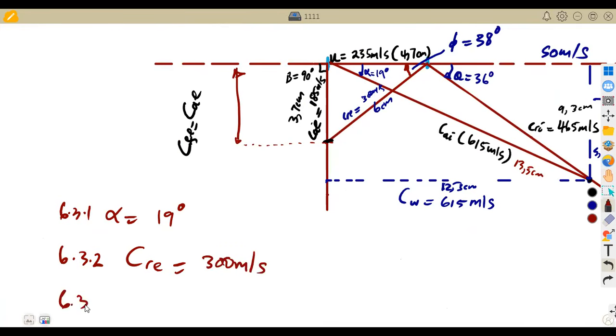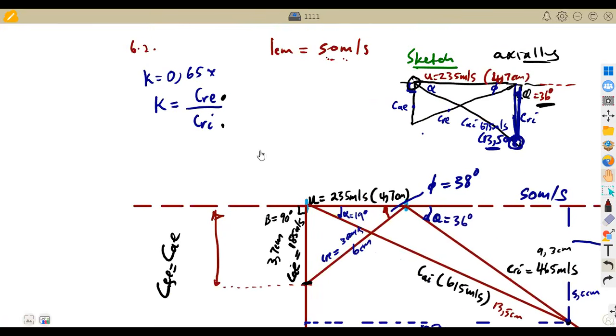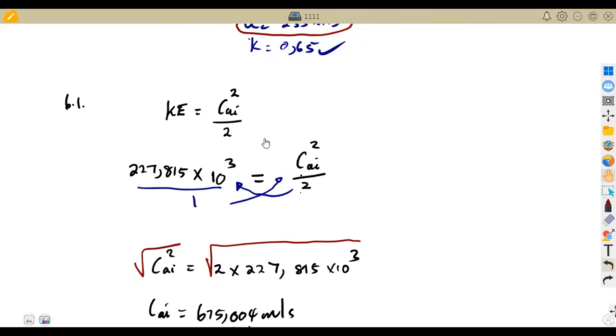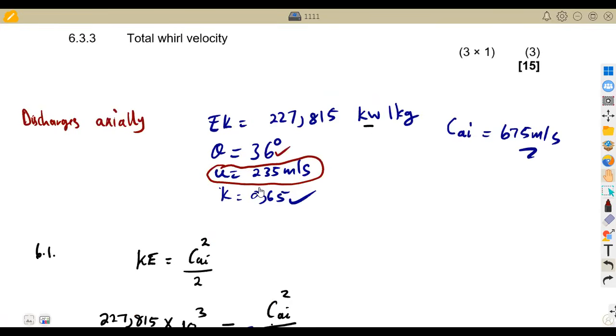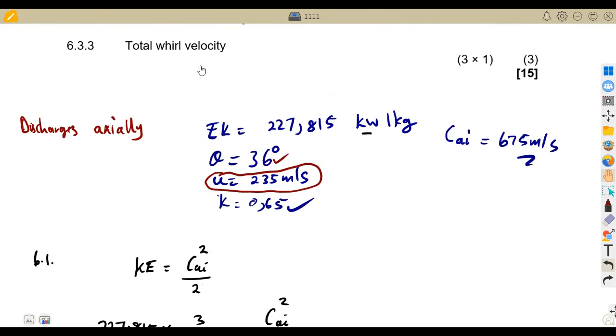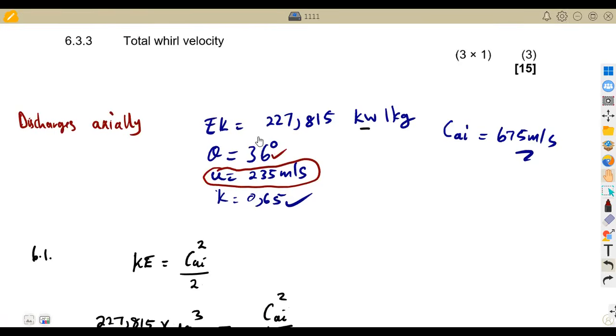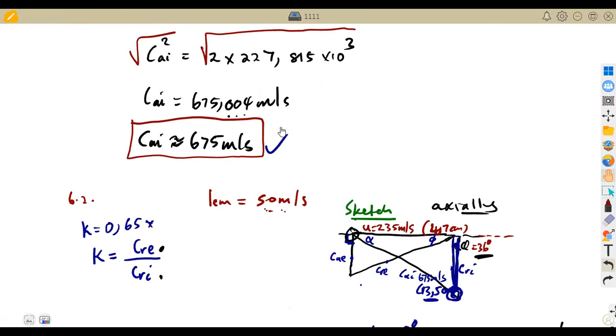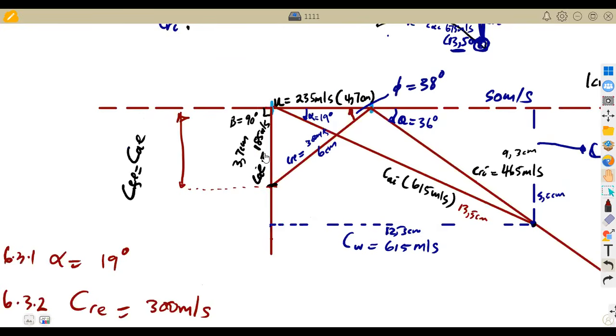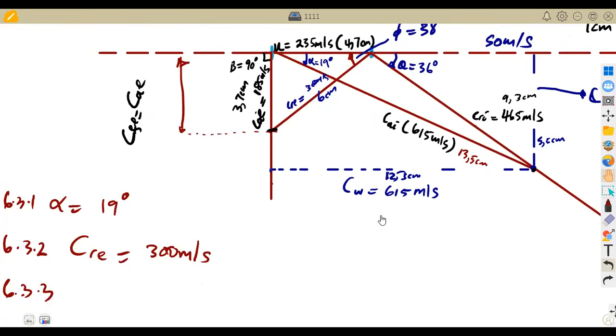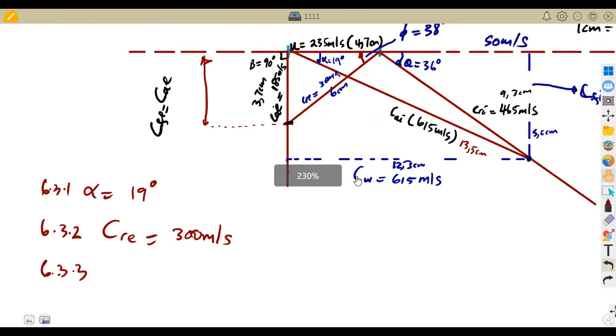Then lastly, we are asked to find from our information the total wheel velocity. We already have it from our diagram. We measured this part here, the wheel velocity, 615 meters per second, from 12.3 centimeters that we obtained.